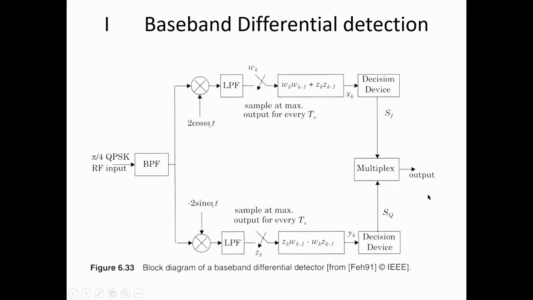So finally we are getting the signal which was transmitted at the transmitter end. So this is baseband differential detection. Here with the help of the band pass filter we divide the in-phase and quadrature phase components, then we demodulate, and the differential encoder block decides the in-phase and quadrature phase components separately.